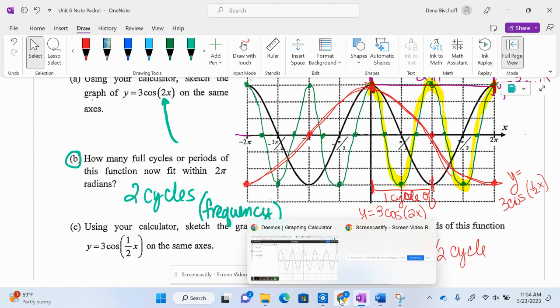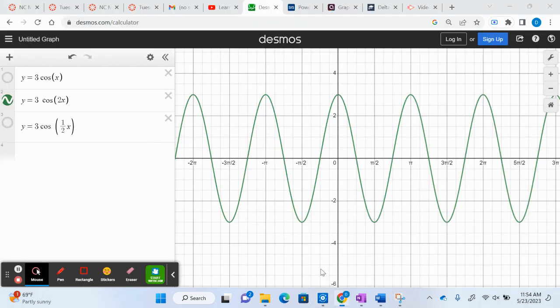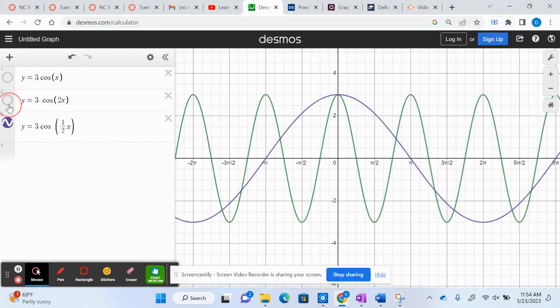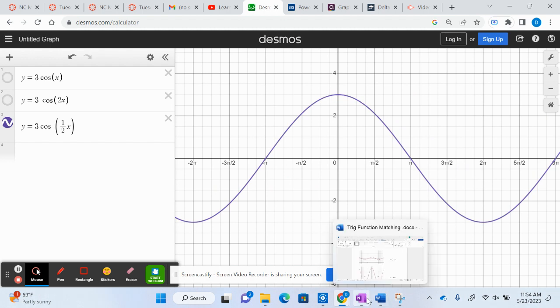Okay, yeah, I'm just going to do the 1/2 of x. So I'm just going to do that cycle, and I'm going to show you what that looks like. I've deleted the other graph. So you're graphing from -2 pi to +2 pi.